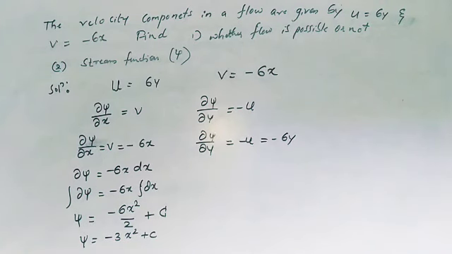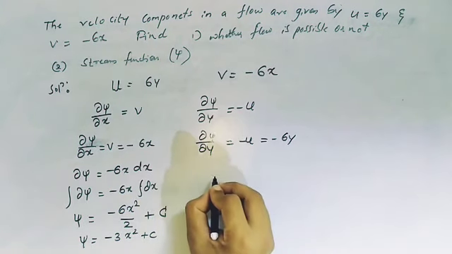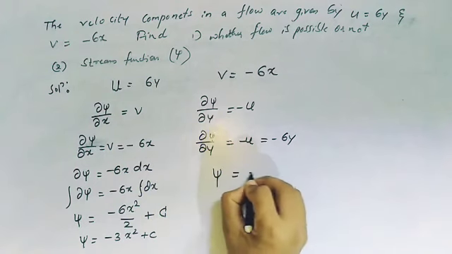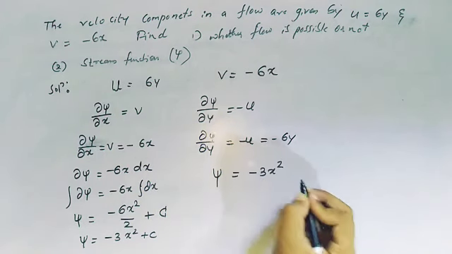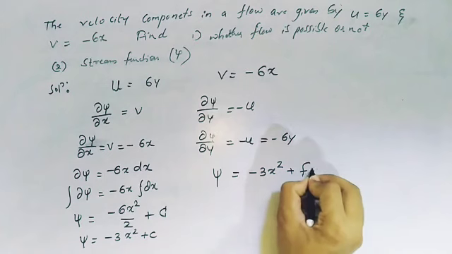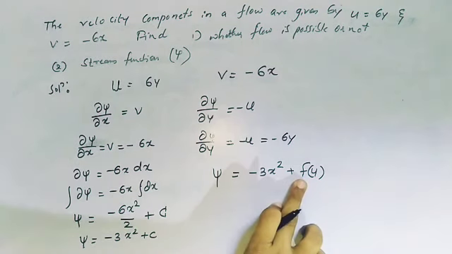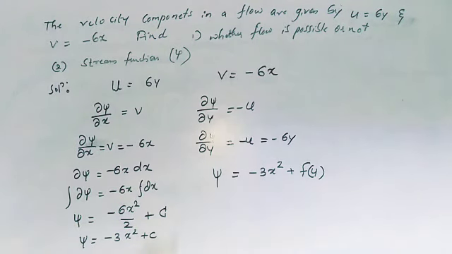This c cannot be a function of x, so it will be written as a function of y. Psi equals minus 3x square plus function of y.